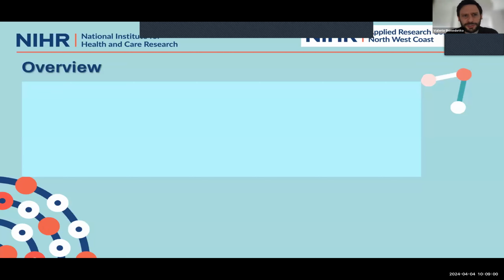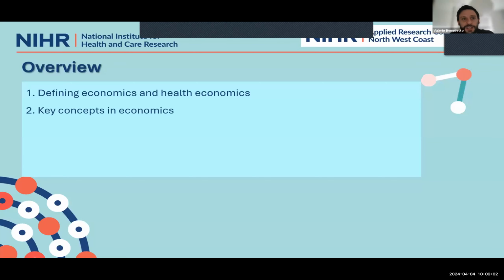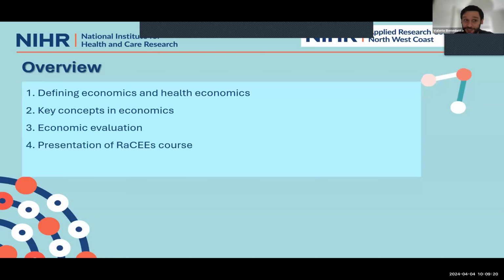So this is the overview of what we will cover today. Of course, one of the main focuses today is talking about economics and health economics. That's the part that Luis will cover first, and it's about defining what economics is, what health economics is, but also trying to consider why economics and health economics are important.